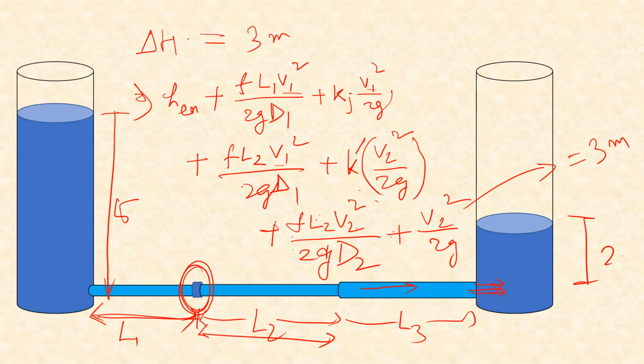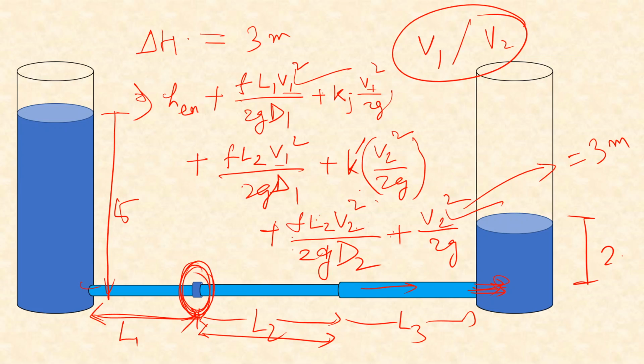Again, we know their lengths, and these coefficients of loss at entry, joint, expansion and exit are also known based on some chart. But still we have v1 and v2. Using one equation we cannot solve for two variables.